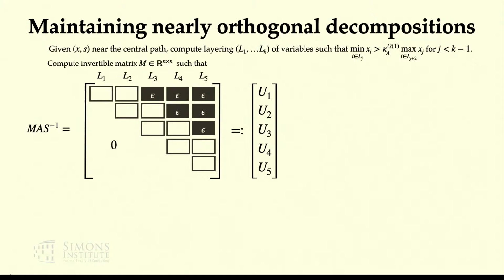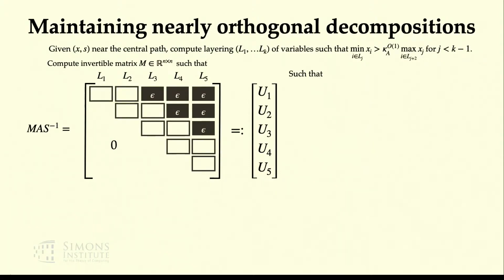And now you do some partial Gaussian elimination where you want an upper triangular matrix. The nice property is that if you get your matrix into this shape, then it's almost a diagonal matrix, because these entries up here are not 0, but they are tiny. And they are tiny because you made sure that there's separation between these variables.